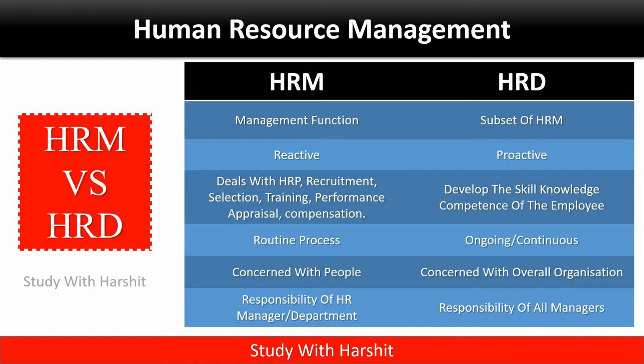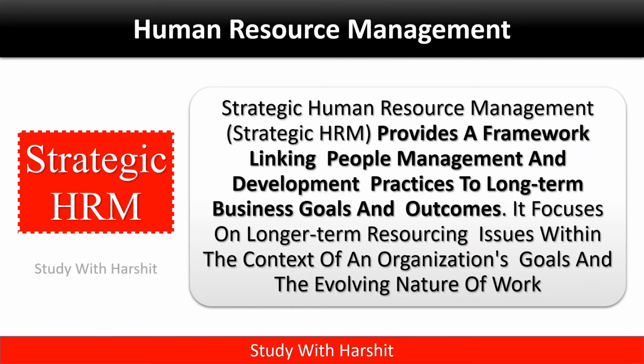Now discuss HRD, a subset of HRM. Proactive: develop the skill, knowledge, competency of the employee, ongoing continuous process, concerned with overall organization, responsibility of all managers. These are the differences between HRM and HRD.